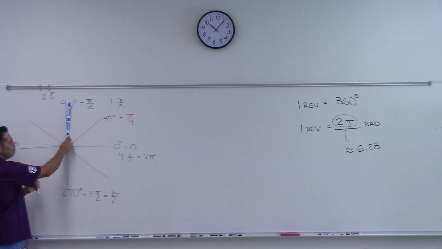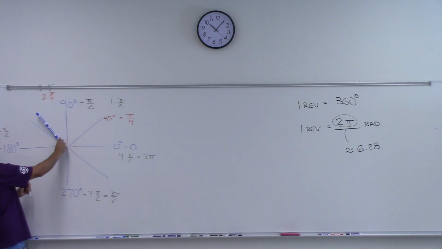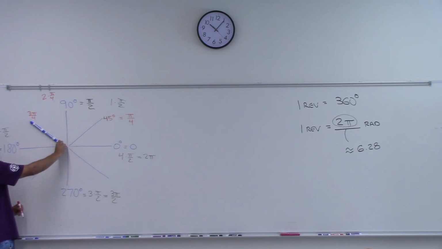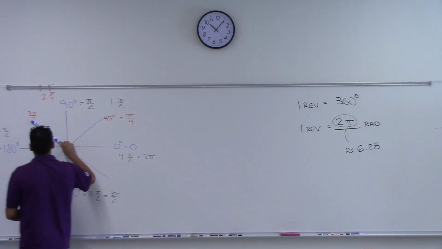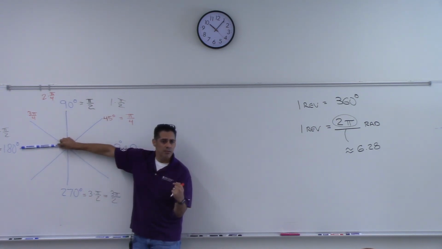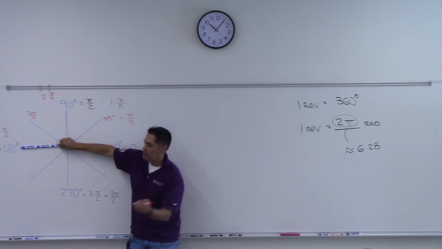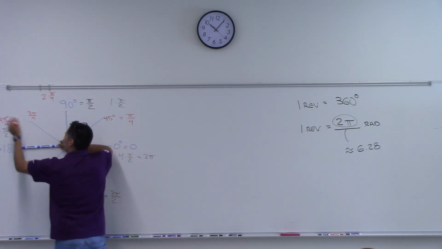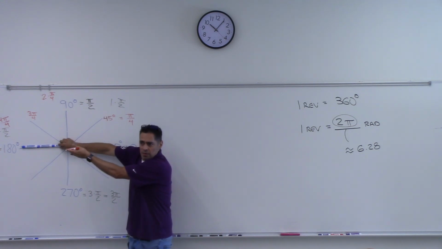Where are we? Pi over 4, 2 pi over 4, 3 pi over 4. Can that reduce? No. Where are we next? 4 pi over 4s. Does that reduce? Yes. 4 pi over 4. The 4s cancel, you get pi, which matches what we knew it was, right?